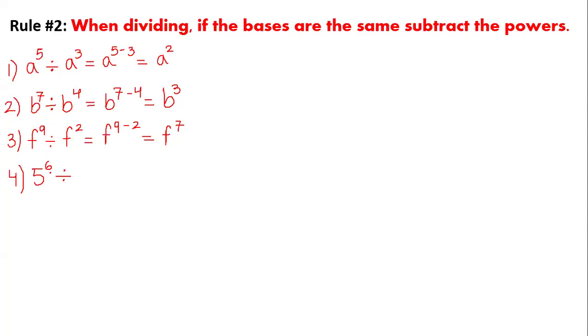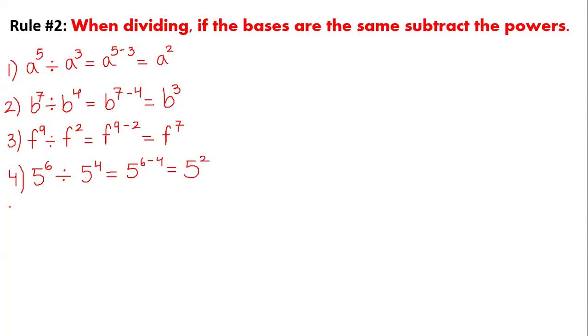Yes, no problem. 5 to the power of 6 divided by 5 to the power of 4 is going to be equal to what? 5 to the power of 6 minus 4, which is 2. Very good. 5 squared.